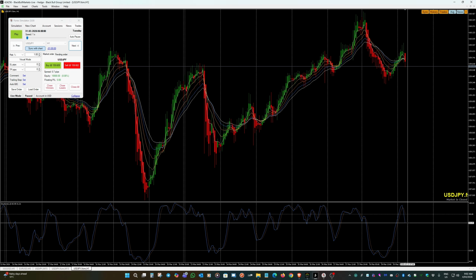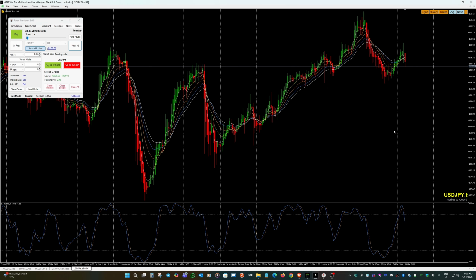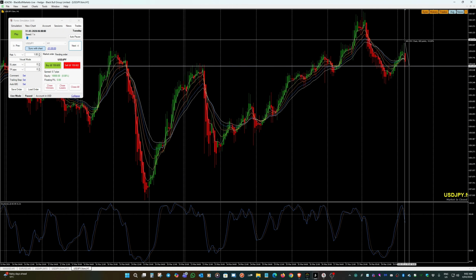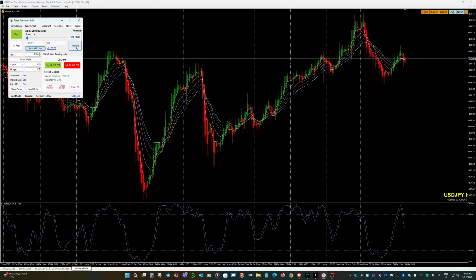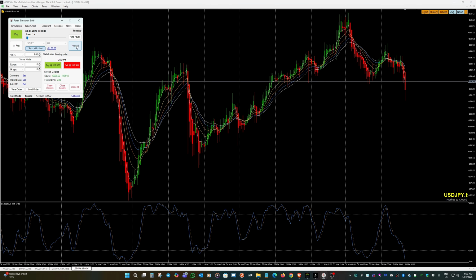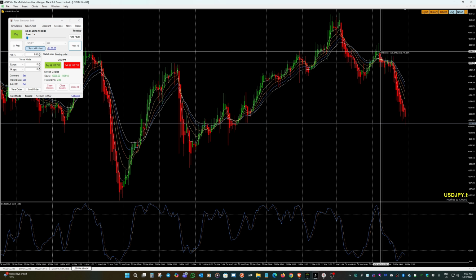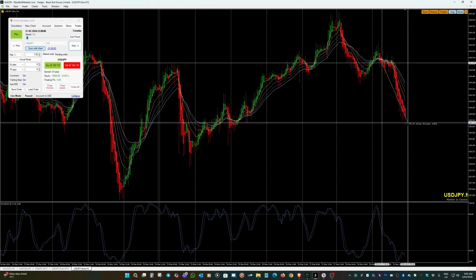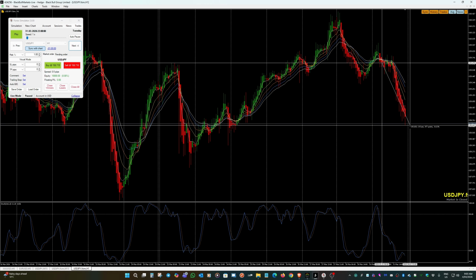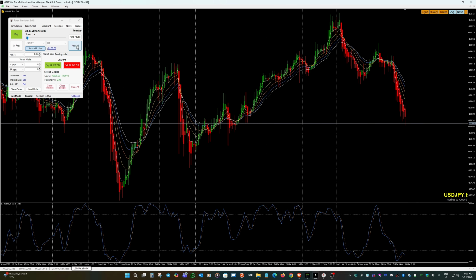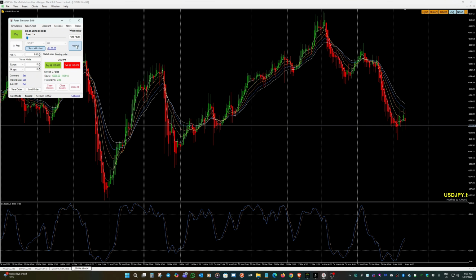And if you look at stochastic, we've got the close below here, and this would have been the setup. So 44 pips. So the target would have been about 66 for 1.5R. And I think this would have reached it. Yeah, 97 pips at that one, so that was actually a good setup.